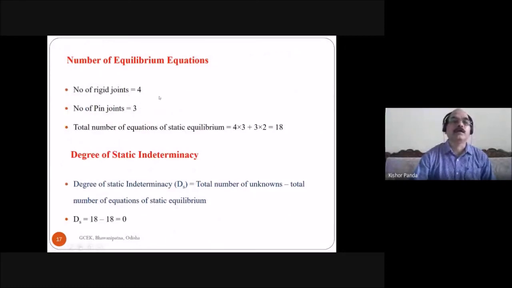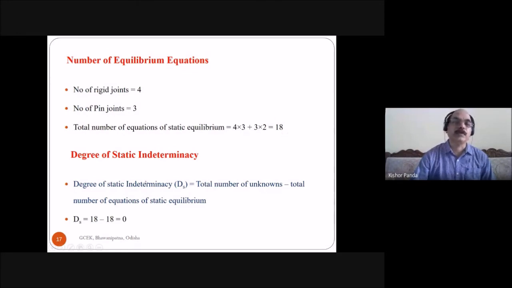Then at a rigid joint, how many static equilibrium equations do you have to use? 3. And at a pin joint, how many static equilibrium equations do you have to take? 2. So 4 into 3 plus 3 into 2, so this is 18, the total number of equations of static equilibrium.